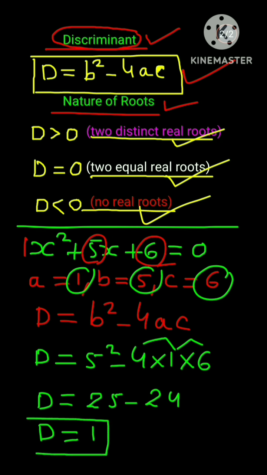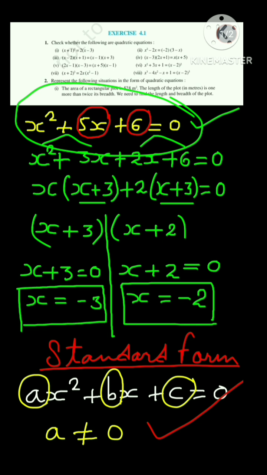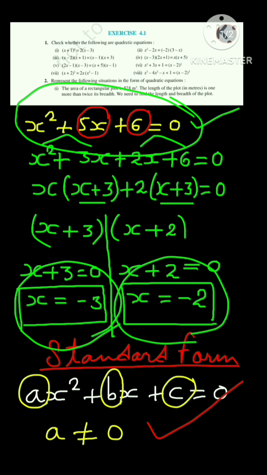And in this way we came to know discriminant is greater than 0. In these conditions, as we know, if discriminant is greater than 0, then there will be two distinct real roots, right, which we have already obtained by solving this equation over here. Here x equal to minus 3 and another value of x is minus 2.